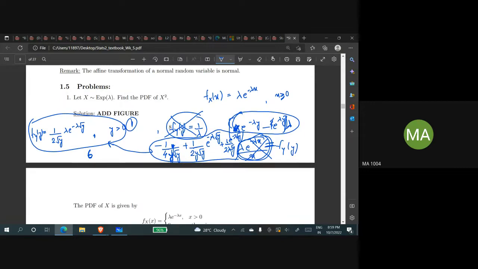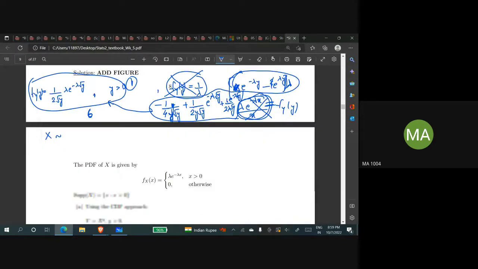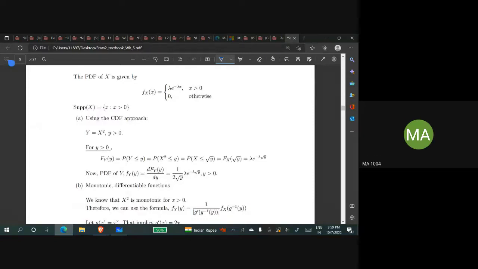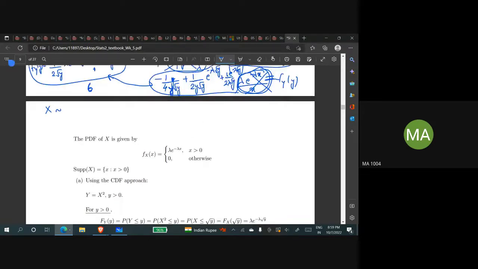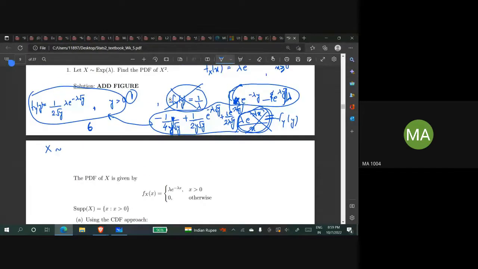Let's see the final answer. The final answer is 1 upon 2 root y, lambda e to the power minus lambda root y. So looks like the first one is the correct answer.